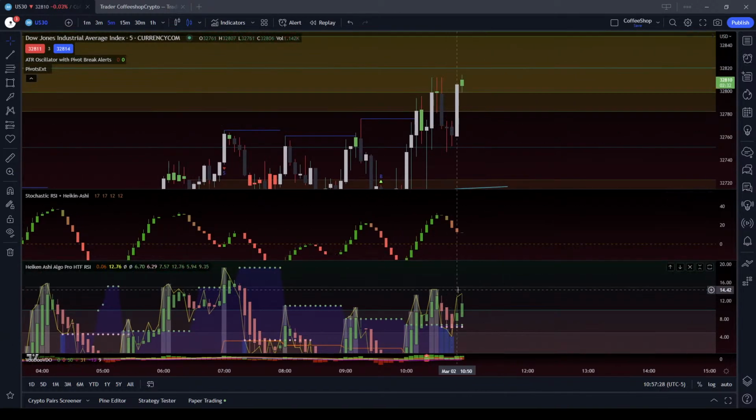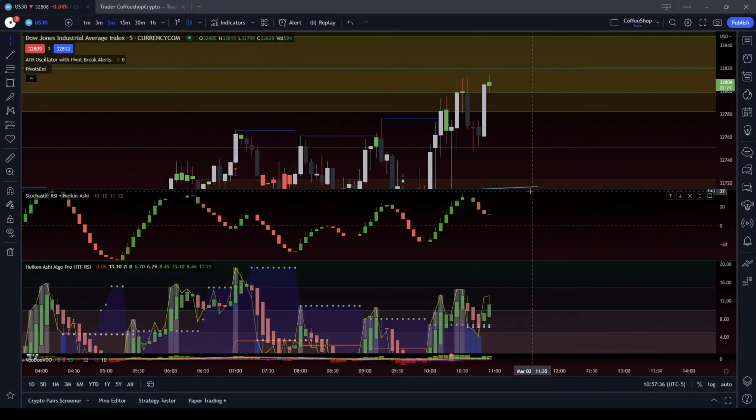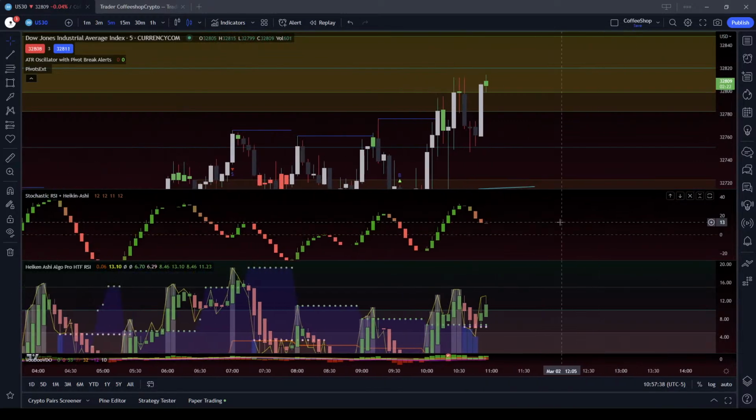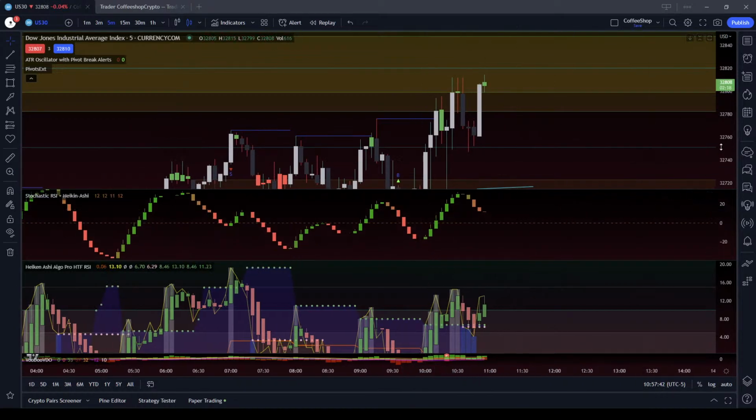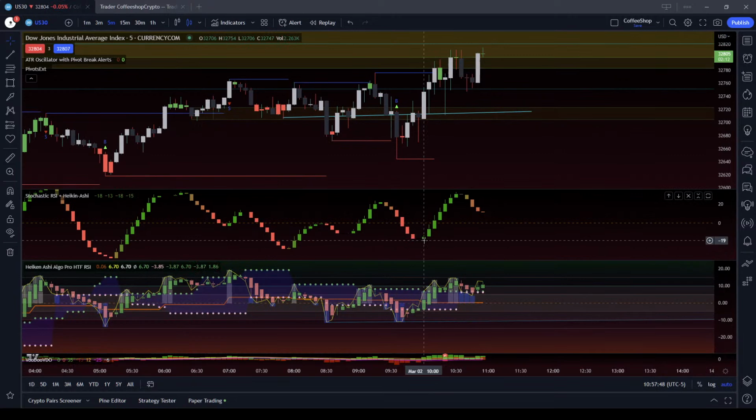It is not above plus 10. This is, oh yeah, it's 12. Not bad. But my stochastic's coming down against it. So I don't want to take this move to the long side any further. Not feeling comfortable about that one.